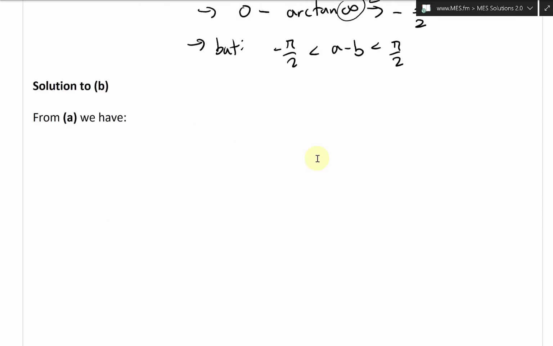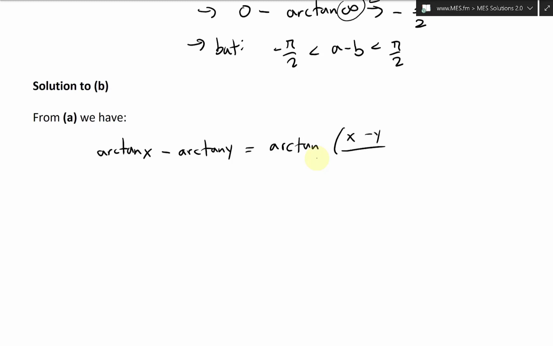So from A we have our formula we proved, arctan of x minus arctan of y is equal to arctan of x minus y over 1 plus xy.